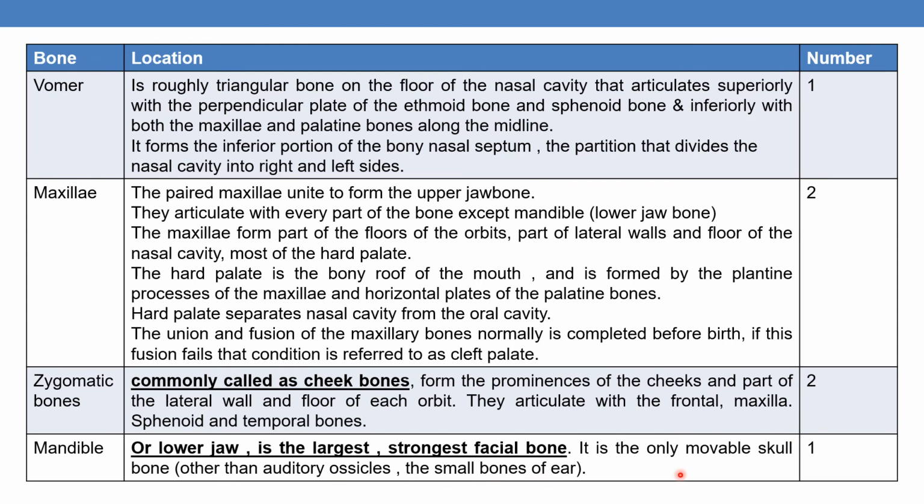It is the only movable skull bone other than the auditory ossicles, the small bones of the ear. There is one mandible. So one vomer, two maxillae, two zygomatic bones and one mandible.